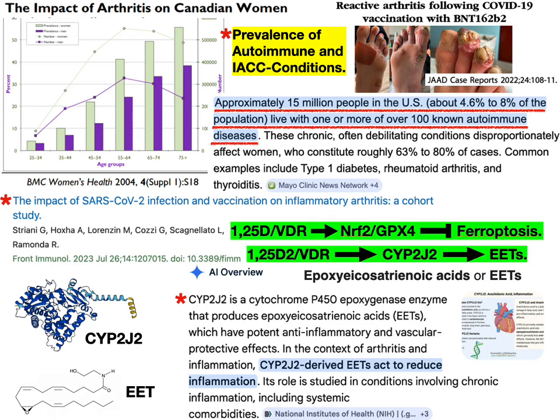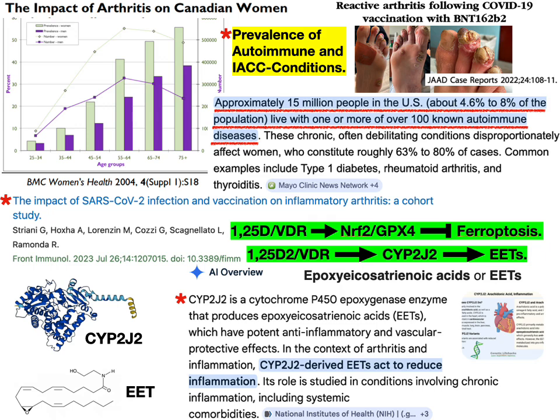which connects to the case of reactive arthritis following a COVID-19 vaccine in the upper part of the slide. CYP2J2 is a cytochrome P450 epoxygenase enzyme that produces epoxy-eicosatrienoic acids, EETs, which have potent anti-inflammatory and vascular protective effects.